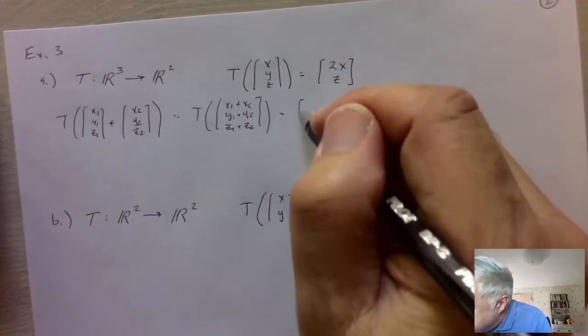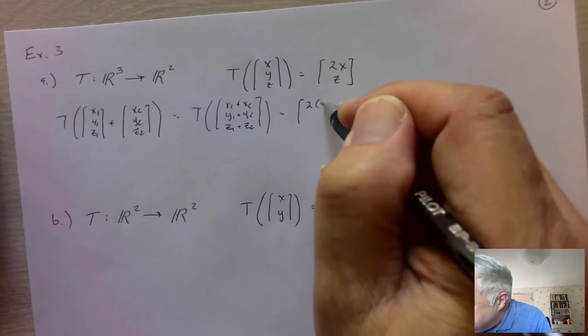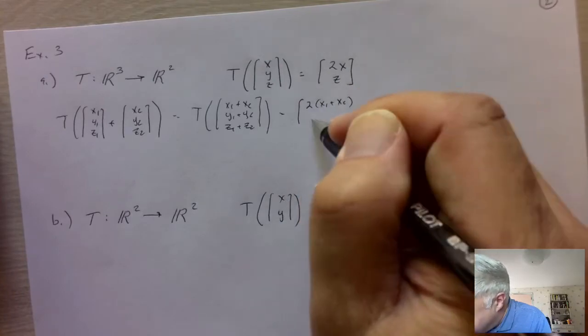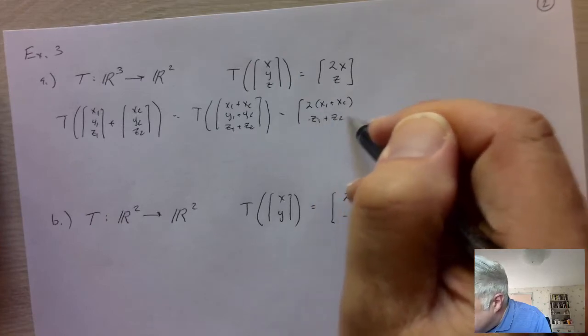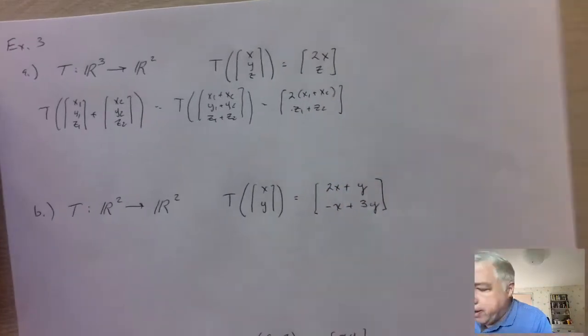It's going to be 2 times the x coordinate and then the z coordinate. Okay, and then we can break this up.